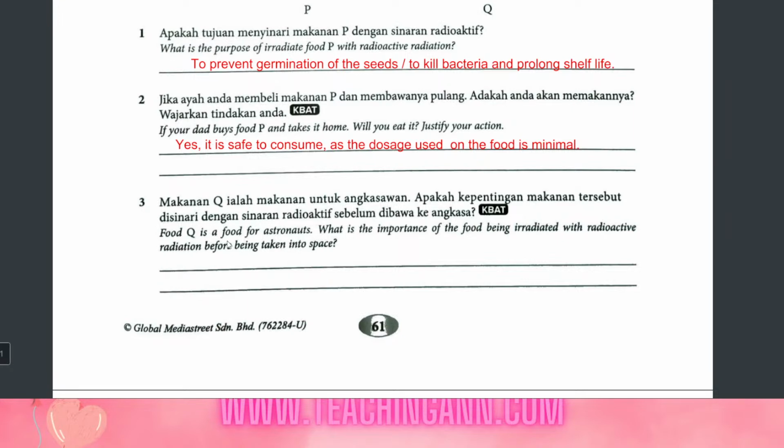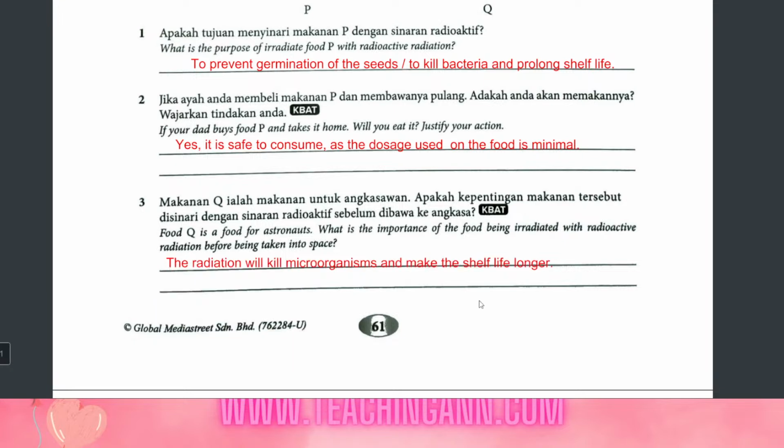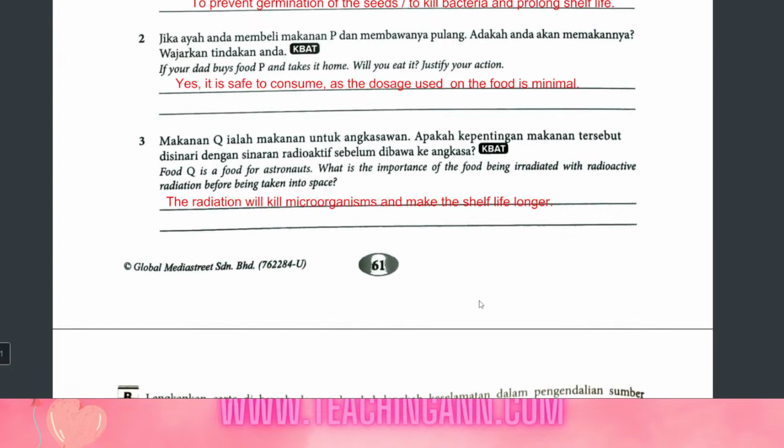Okay, now radiation will kill microorganisms and make sugar. They're part of the diet.